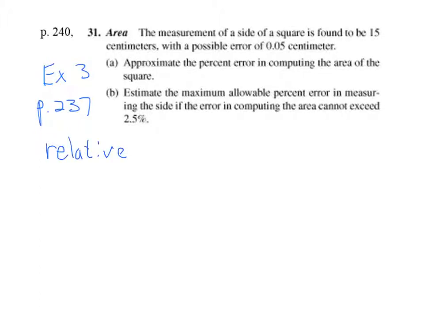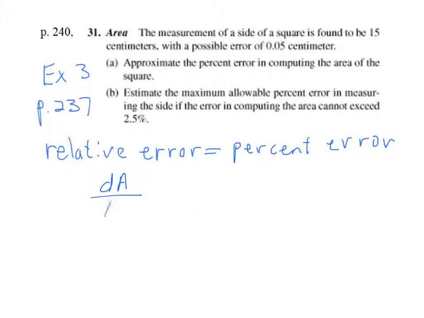And if you continue reading, you'll see that the term relative error actually means the same thing as the percent error, which is what they're asking for in this problem when you look at part A. The percent error really just refers to once you know dA, an approximation for the error of the area of the square, then if you divide that by the total area of the square, that will give you your percent error. So in part A, they're going to give you ds.